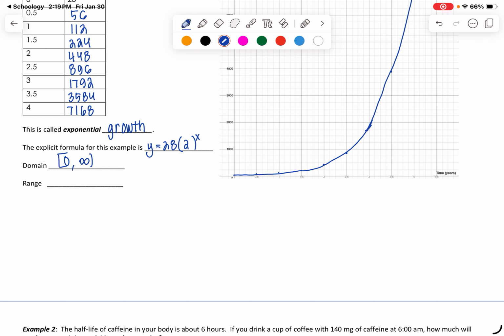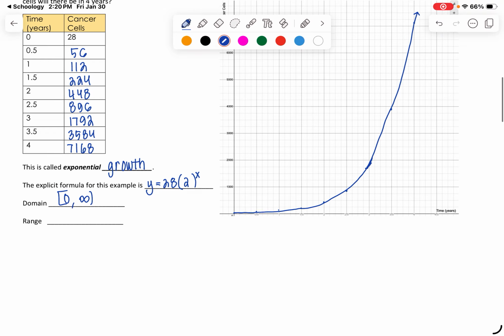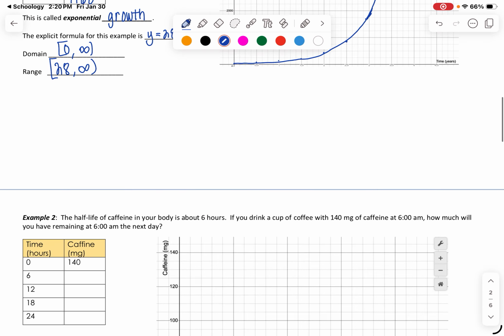And then your range: if you look at this, you can see the lowest your y values go is 28. And then it goes forever. Okay? All right.